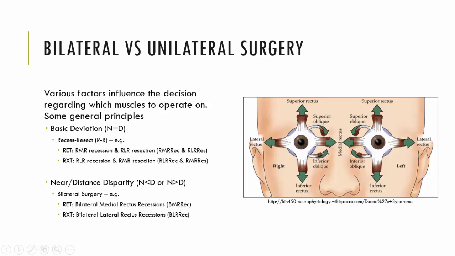So in this instance, we'll operate on the two lateral recti, one from the right eye, one from the left eye. Because we have an exodeviation, we will recess those two extraocular muscles. And now we've performed a bilateral lateral rectus recession in order to target the distance deviation more than the near deviation.